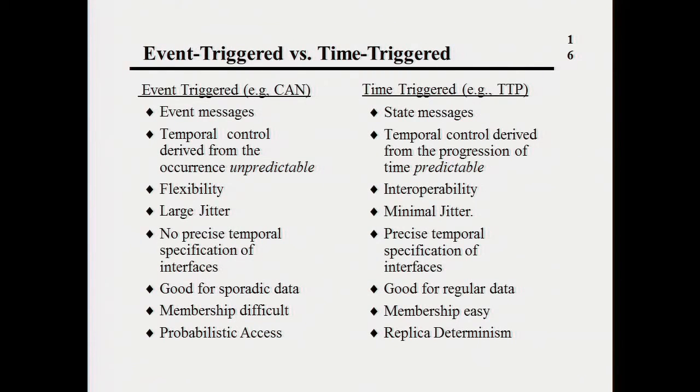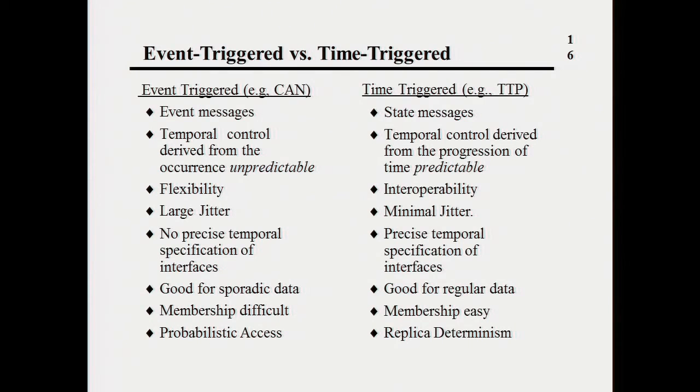Now, the comparison between event-triggered and time-triggered communication schemes is right there. Event messages are in the event-triggered and state messages are in the time-triggered. Now, the temporal control is derived from the occurrence, right? And so it is unpredictable because I don't know which data are going to come. I have to look at all possible data streams that can ever appear to decide what is the situation.